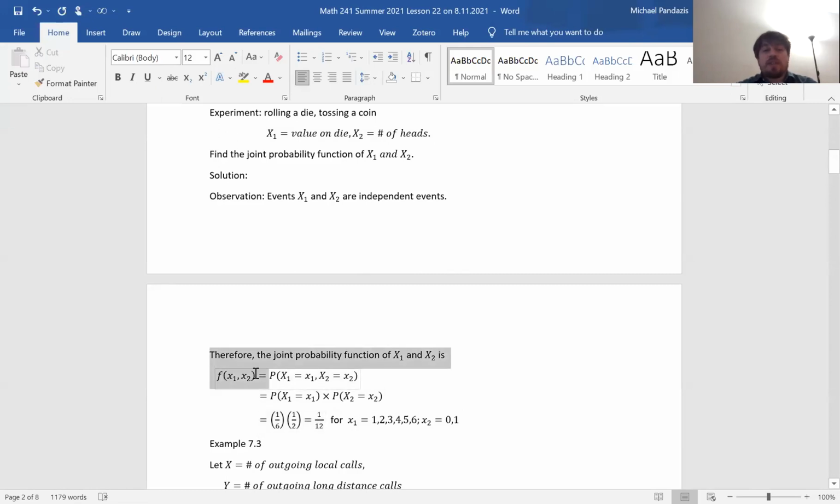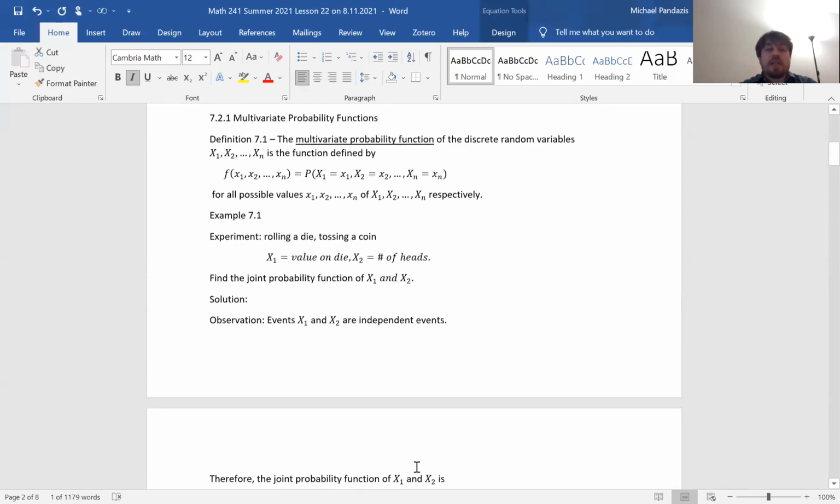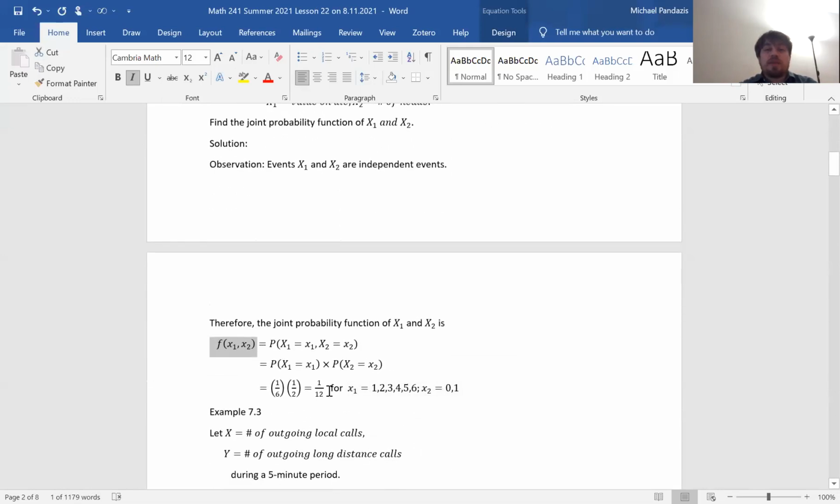And so the PDF here of x1 and x2, our first example of a multivariate probability function, is equal to 1/12 for all possible inputs of x1 and x2. Okay, for x1 from 1 to 6 inclusive, and x2 from 0 to 1 inclusive. Okay, and this depended on the fact that events x1 and x2 were independent events, in which I could say that the probability of both of these events happening is the product of their respective probabilities.